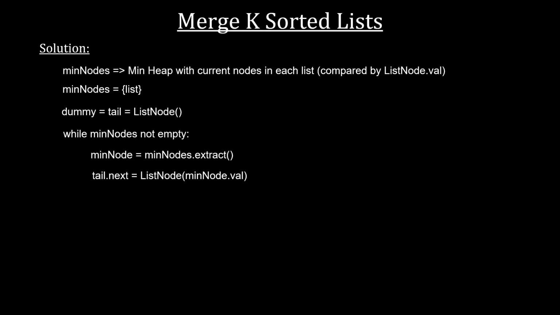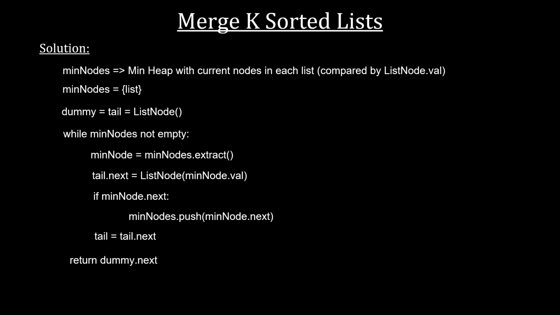Then we create a new node of that value and link tail to it. And then, instead of min node, we should use min node next. So if min node next is not null, we are going to push it into the heap. And afterwards we increment tail. When the while loop terminates, we will return dummy next.